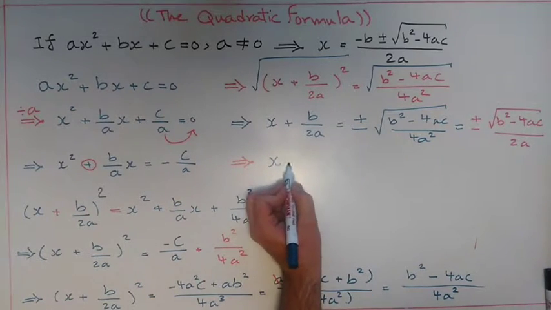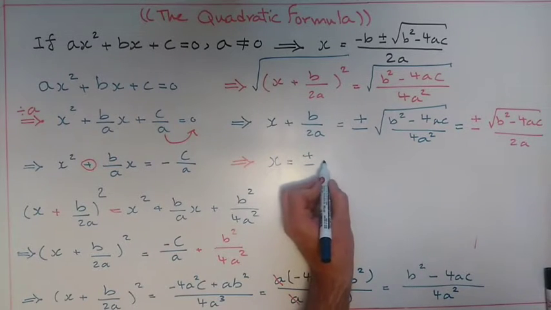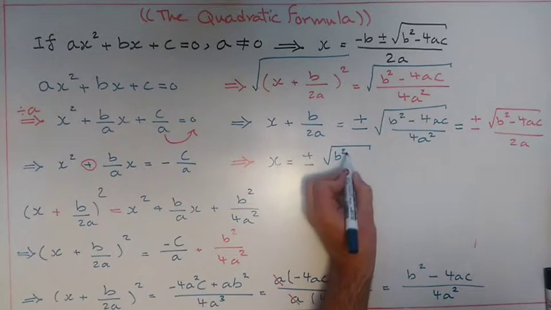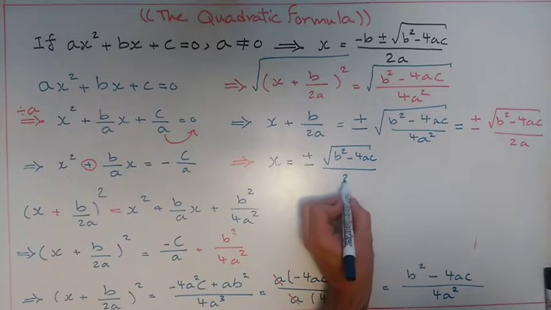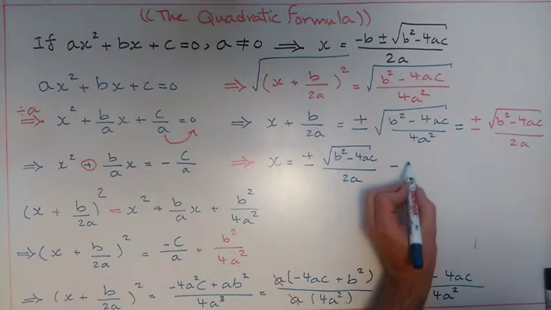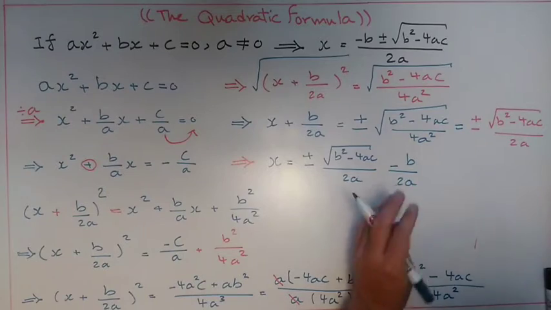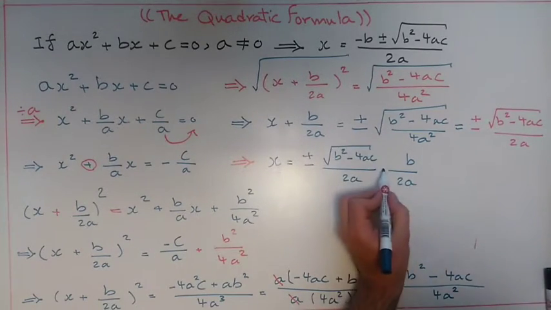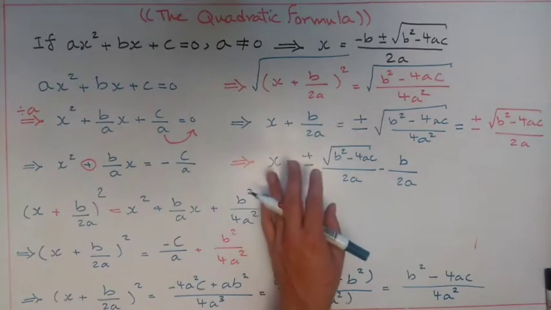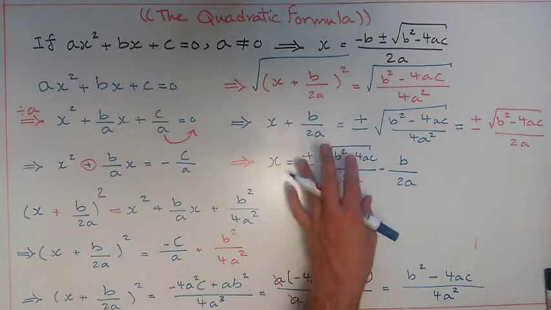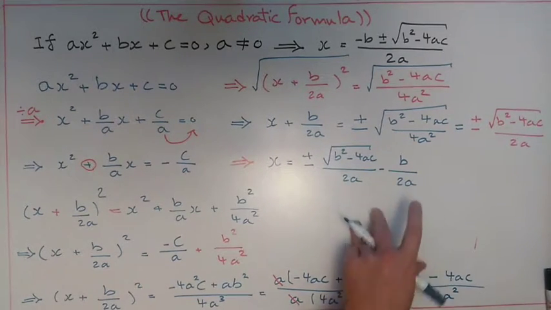Therefore, I get x equals positive or negative square root of b squared minus 4ac over 2a minus b over 2a. Now, let me put this minus b over here.